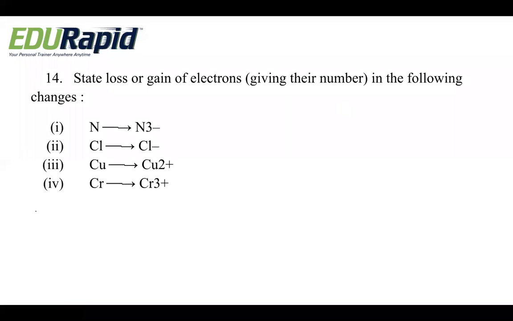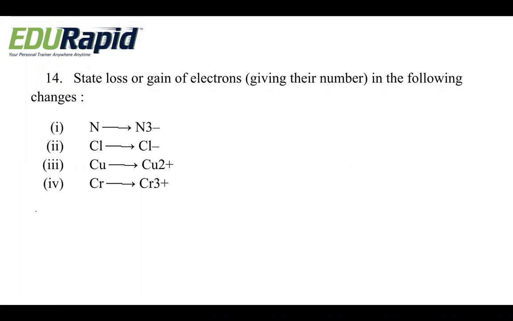If it is a loss, how many electrons are lost? You should say how many, Hemant. You said gain, fine, but you should say how many electrons exactly. In the first case, it is 3. Hemant, you are right. 3 electrons are being gained by the nitrogen atom. Whenever they show minus, it is a gain of electrons. So 3 electrons are being gained in the first case.